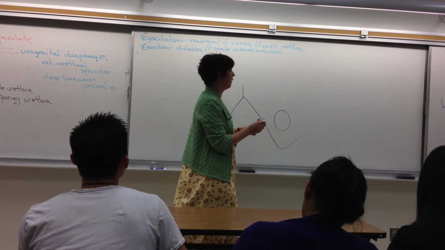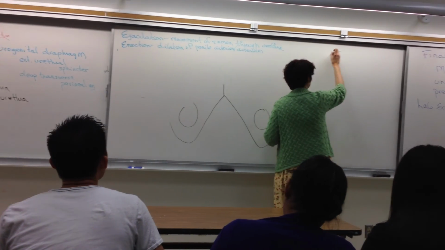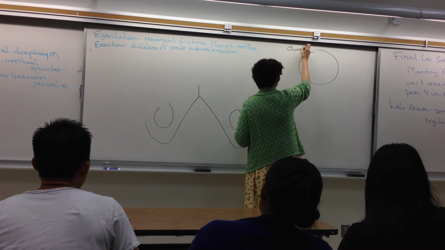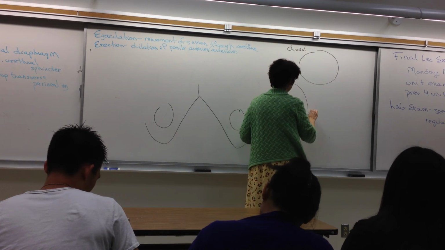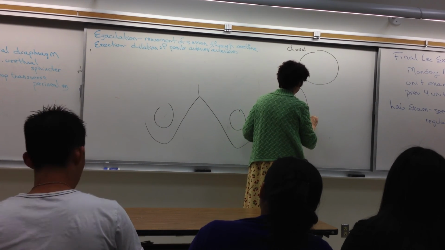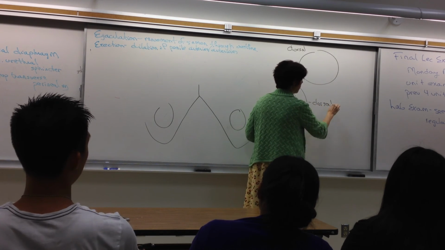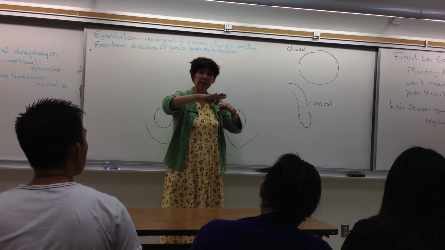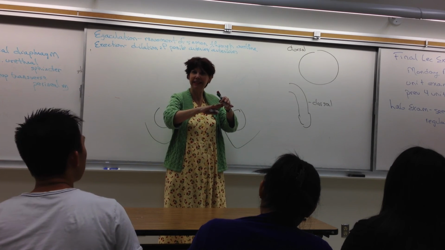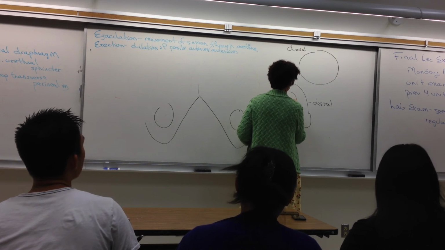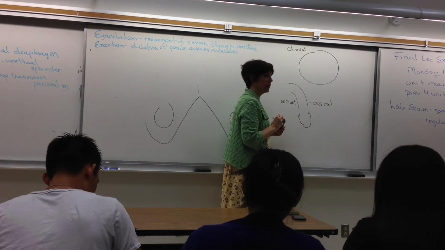If I were to draw a cross-section of the penis, on the dorsal surface, so the penis is not expanded. This is identified as the dorsal surface. Remember a horizontal structure, so it's identified as if it was erect. So that's the dorsal surface. This is the ventral surface.